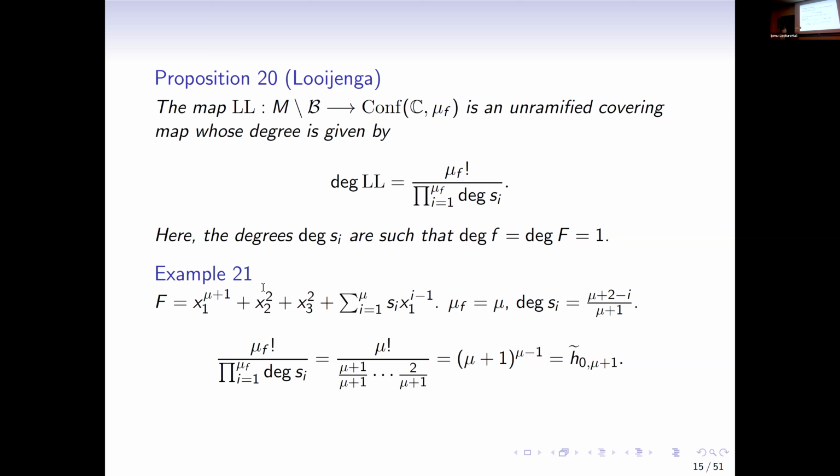This is equal to the h tilde 0, mu plus 1, which appeared in the introduction part. So by this observation, we have a very interesting equality. This is the degree of this holomorphic covering. On the other hand, this is the number of factors, and this equality means they coincide.